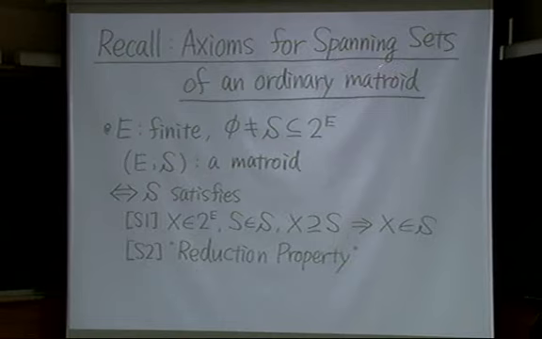The story goes almost similarly. First, recall the axioms for spanning sets of ordinary matroids. If E is a finite set and S is a family of subsets of E, then the pair (E, S) is a matroid if S satisfies the following two properties. The first one is that any set containing a spanning set is also a spanning set, and the second is some reduction property.